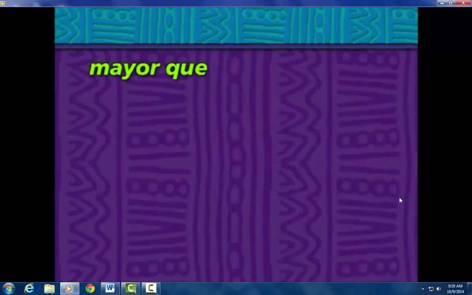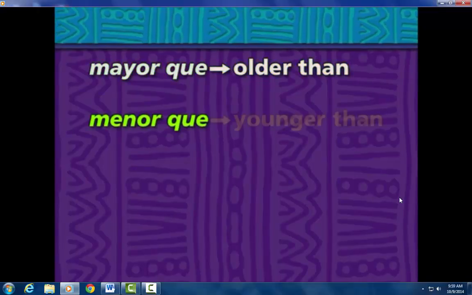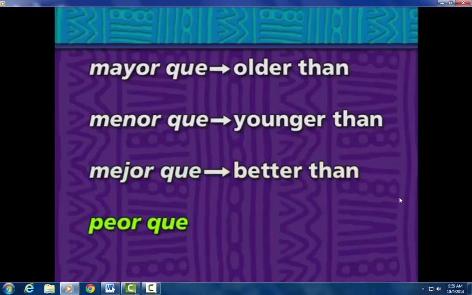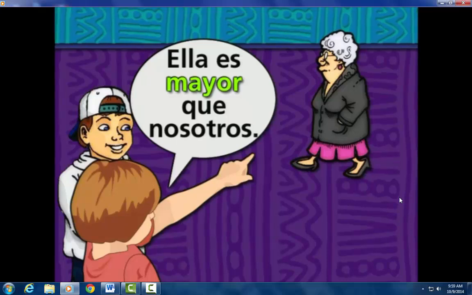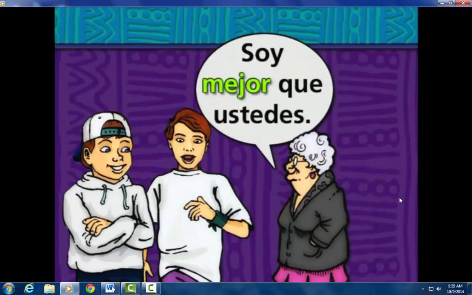Some commonly used comparisons are mayor que, older than, menor que, younger than, mejor que, better than, and peor que, worse than. Ella es mayor que nosotros. Somos menores que usted. Soy mejor que ustedes.